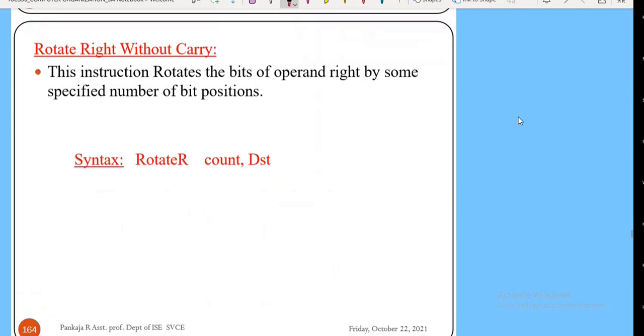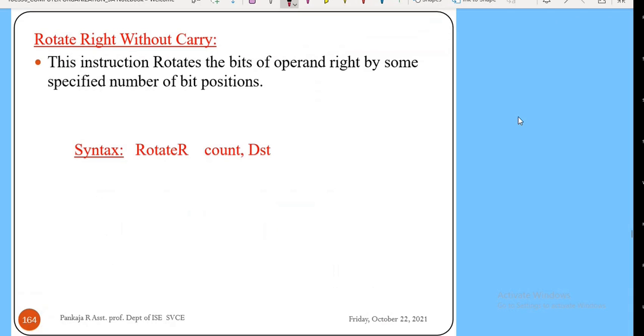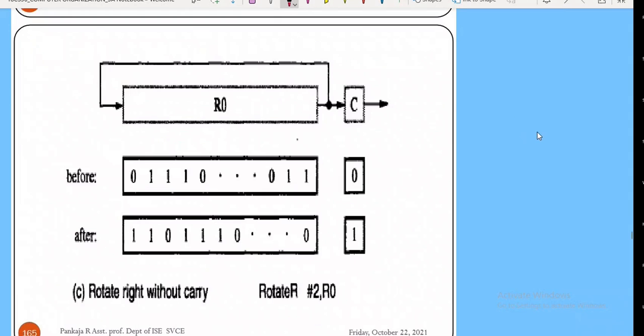The same thing is applicable for rotate right without carry. The content of the register you are going to shift right side, and whatever the bits you have shifted will be rotated back.